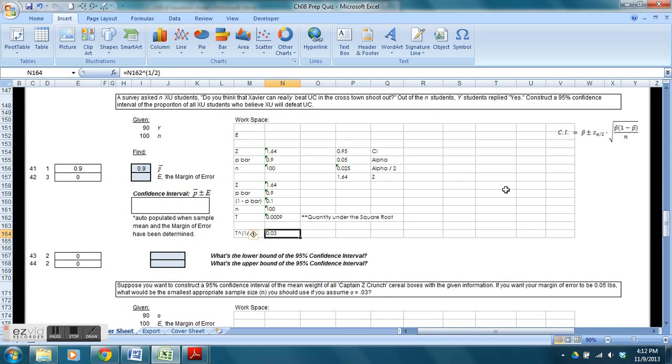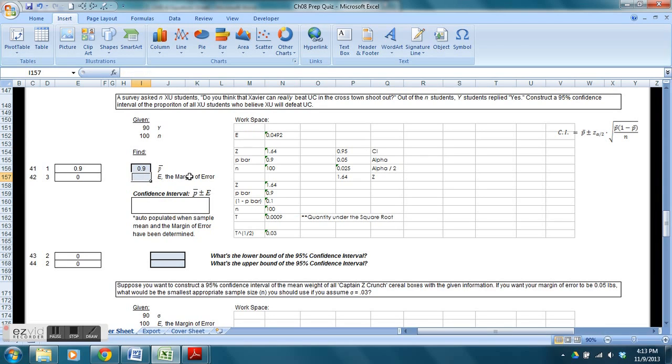There's our total value under the whole square root term, and our error term is going to be equal to our z value right here multiplied by that square root term. Let's double check. Yep, and our t term does not include the z. There we go. So now we can determine what our confidence interval is.